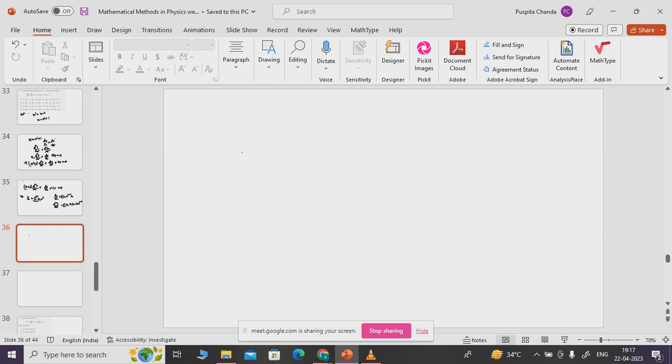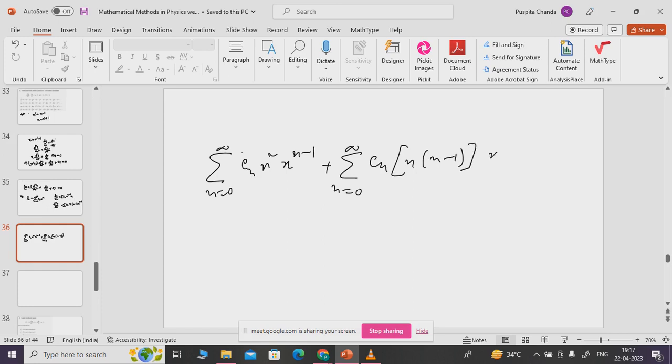So putting all these values in the equation, we get the sum n is equal to 0 to infinity cn n square x to the power n minus 1 plus the sum n is equal to 0 to infinity cn n into n minus 1 x to the power n minus 2 plus 2 into the sum n is equal to 0 to infinity cn x to the power n is equal to 0.